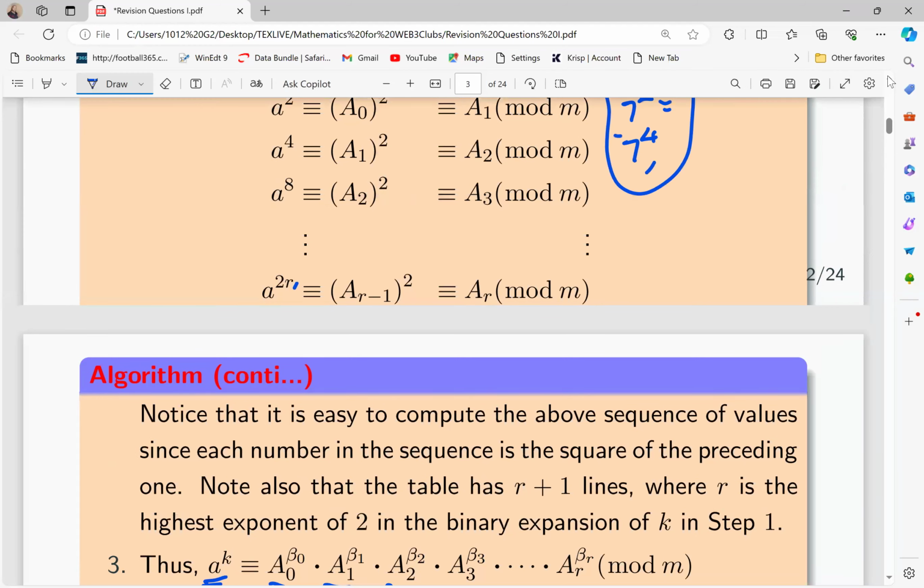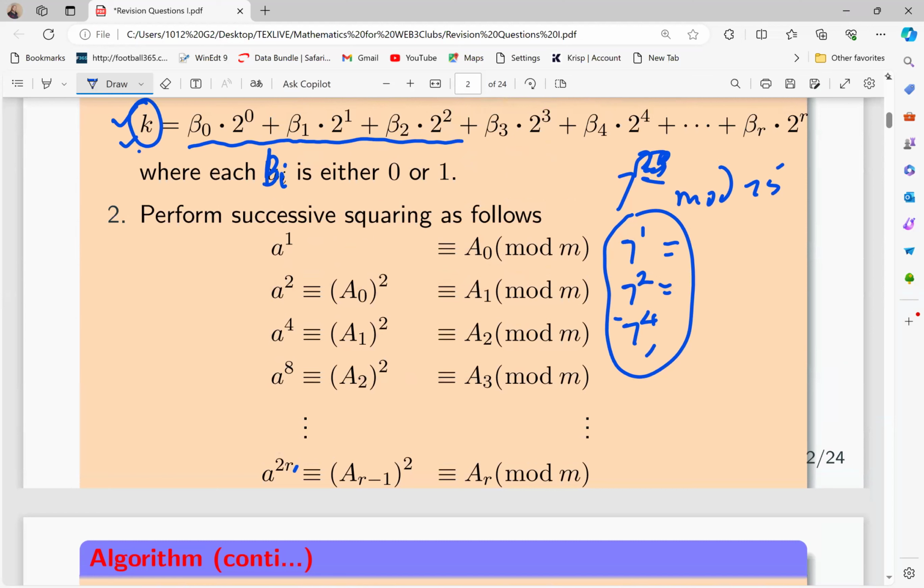Let me go back to this example. When you raise this to 1, you get 7. This 7 is what I've called a naught. Then you square this one, and the answer you get here is what I've called a1. Then when you raise this to power 4, the answer you get is what I call a2. That process continues up to a r.